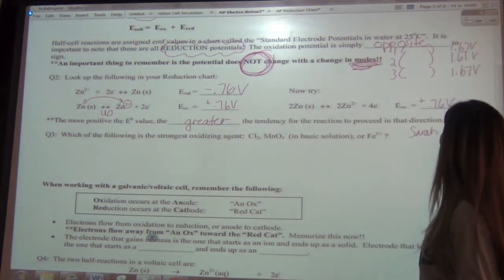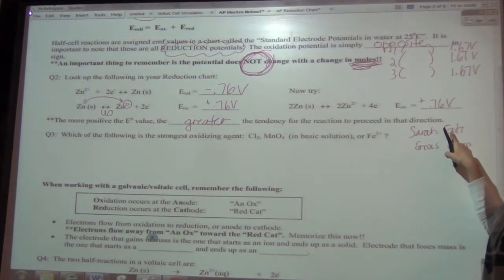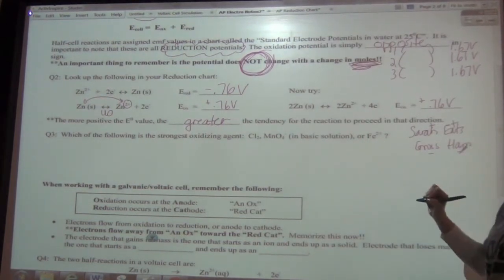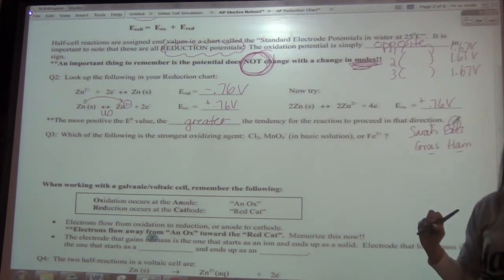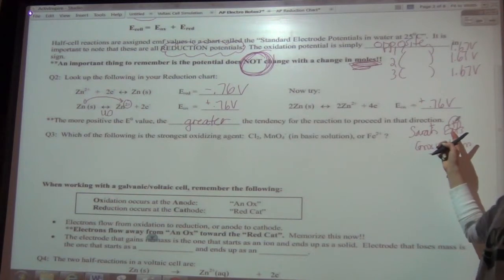Sarah eats gross ham. Good. Sarah eats gross ham. And so what we said was, your E cell, Sarah eating, those were positive, and gross ham was negative. You actually want a positive E cell value, and that does determine spontaneity, okay?